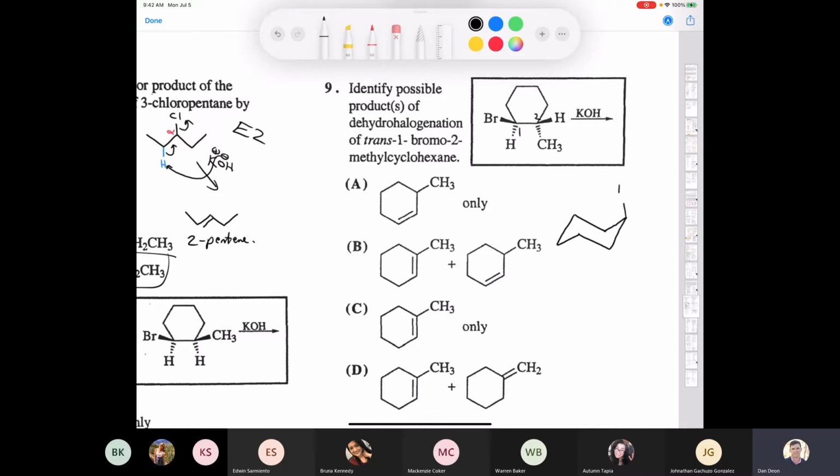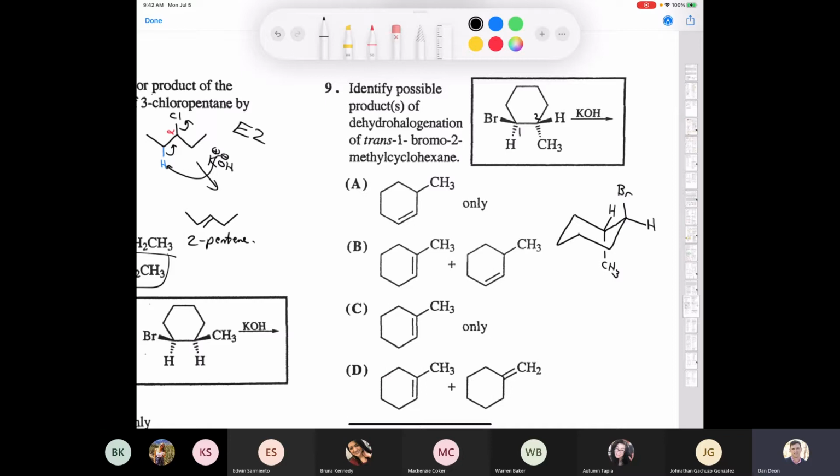So our bromine is pointing up like this. We have the hydrogen coming down. On carbon number 2, we have the methyl group going down like this. So this is our CH3 group here. And then we have the hydrogen going up. It's going to be up in equatorial like this.